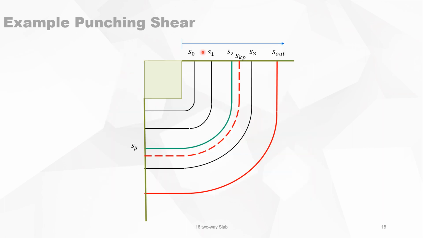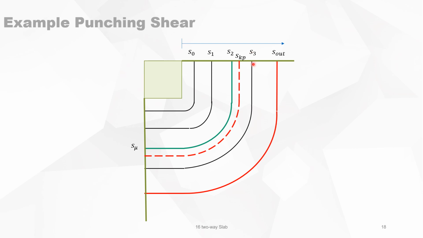We can make now a little drawing. This is the S0, S1, S2, S3, and S out. And you see now for S out, outside S out, we don't need any reinforcement.